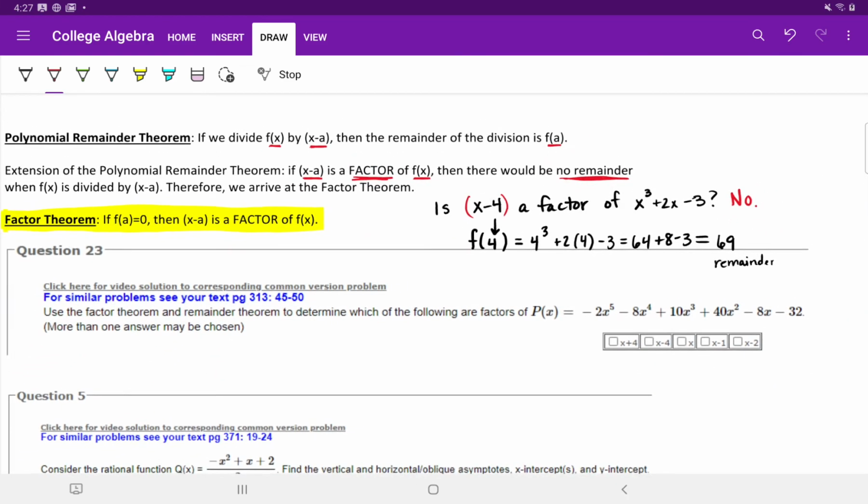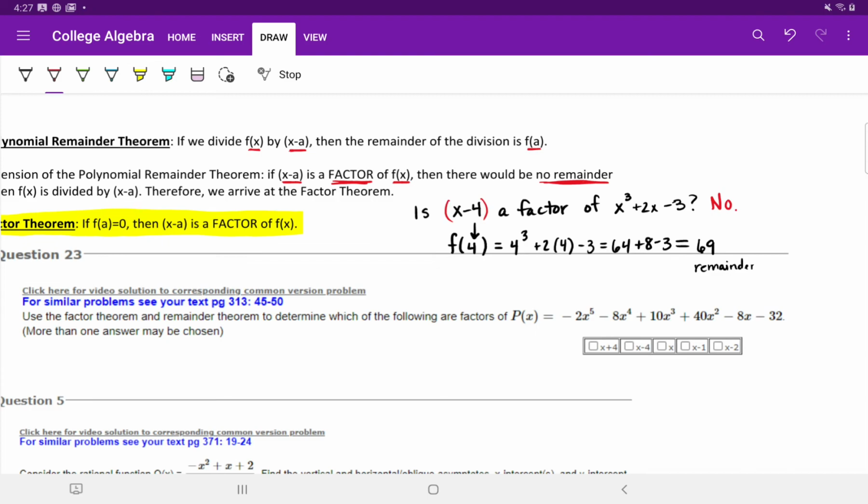So question 23, once we know that, can be a relatively quick problem. We're going to look to see if these 5 things are factors of p of x. To do this, we're going to first see what f of negative 4 is. Remember, you have to flip the sign. So when we're checking x plus 4, we're going to be testing f of negative 4.